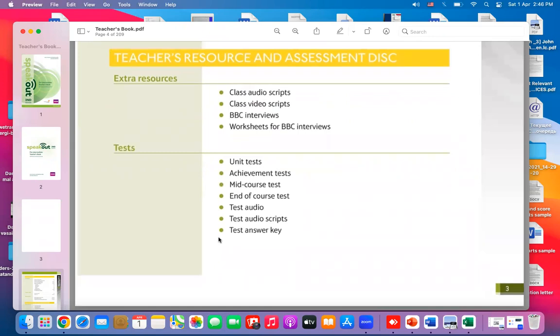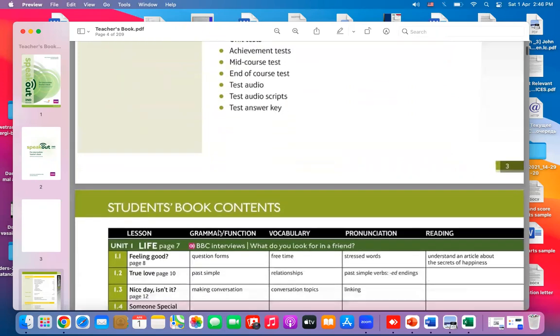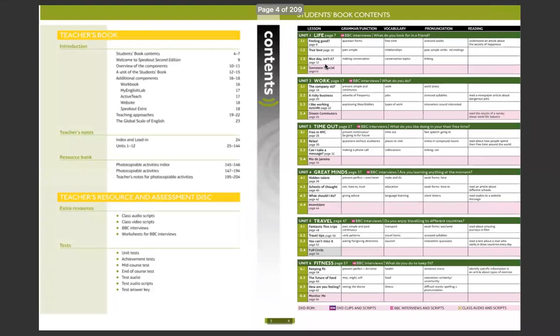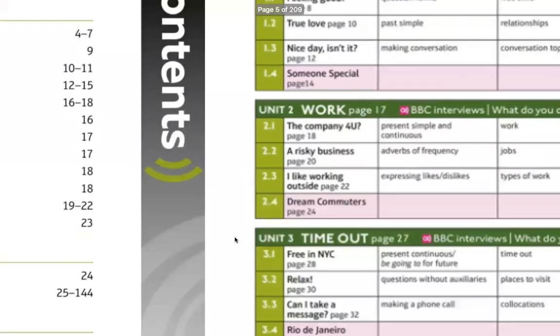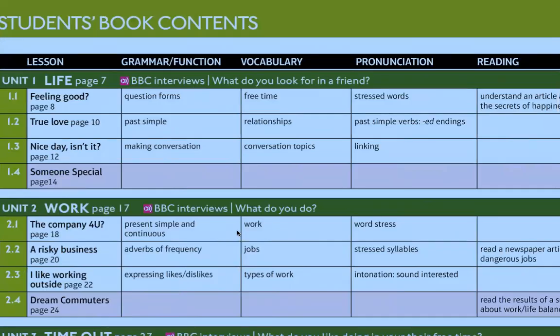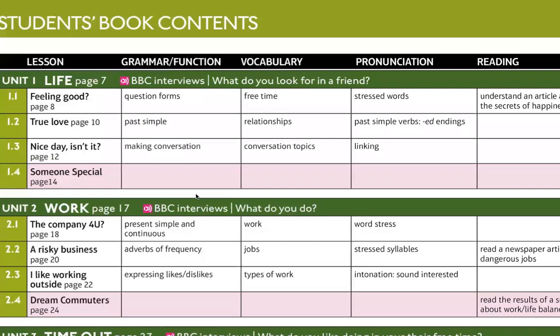Now, I would like to show you the content of this teacher's book. Let me zoom in. And there it is. My computer is not that convenient for this. Okay, so it says Unit 1, Feeling good.